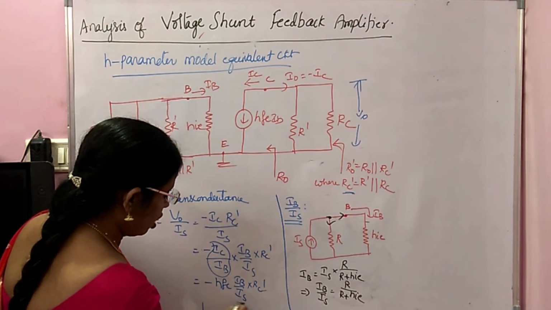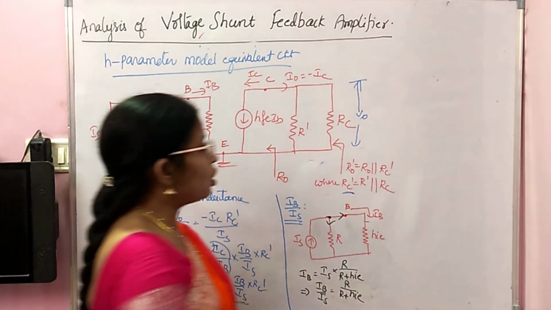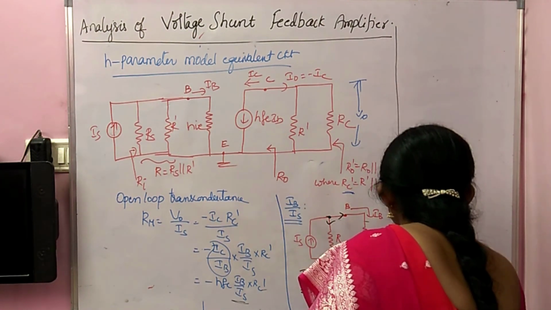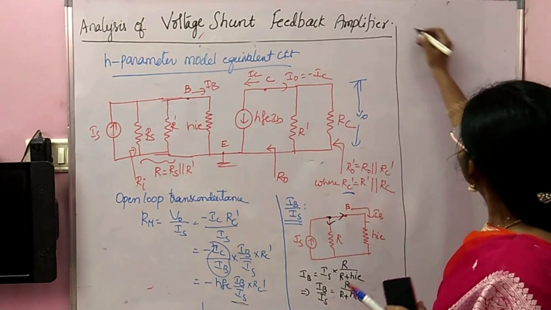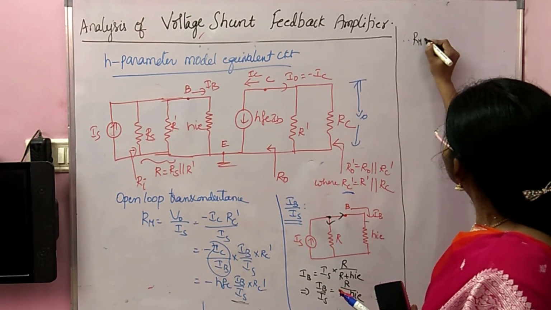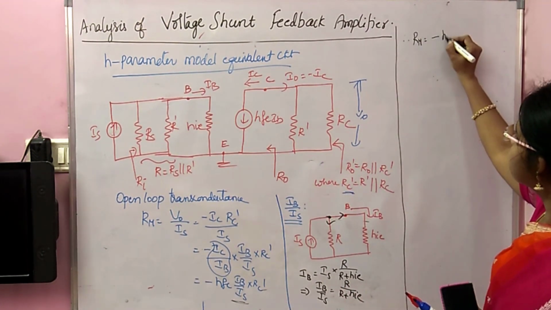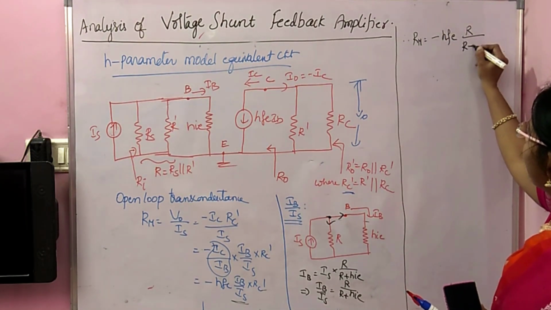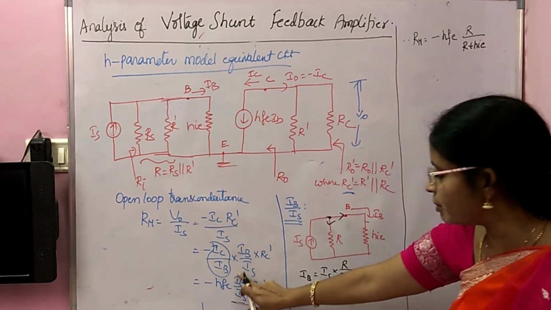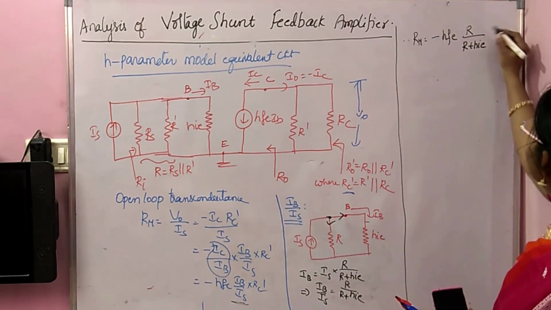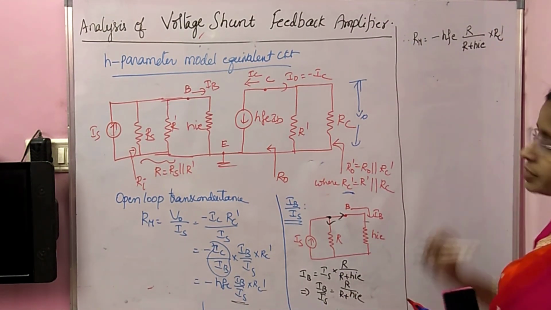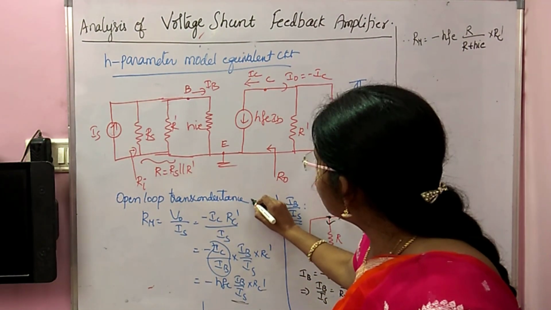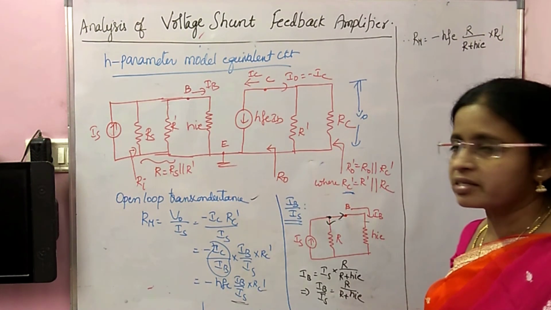So here we got this IB by IS. So RM is minus HFE into R by R plus HIE, in the place of IB by IS, into RC dash. So we got this open loop transconductance.